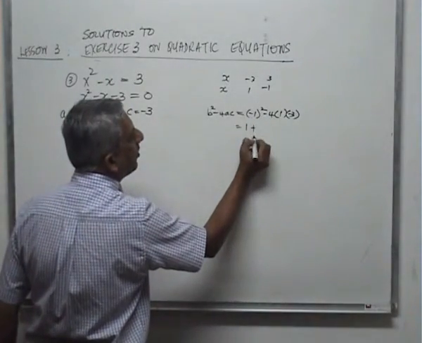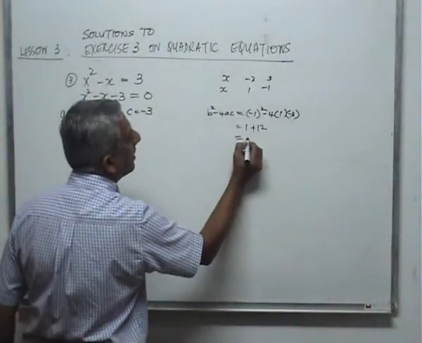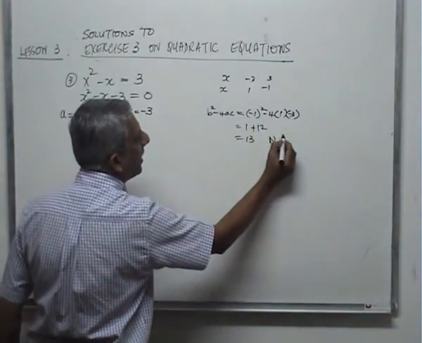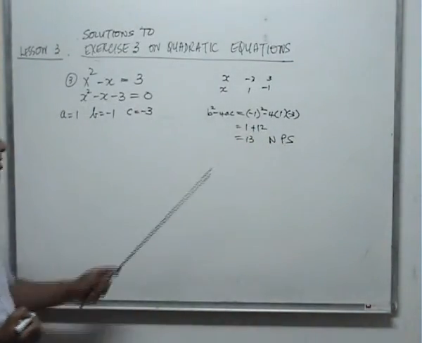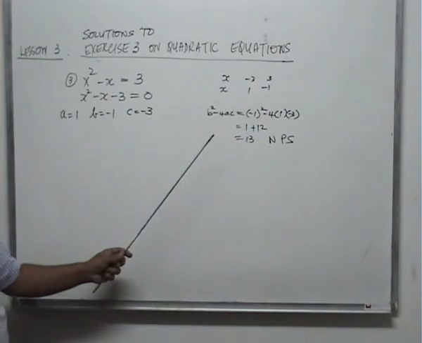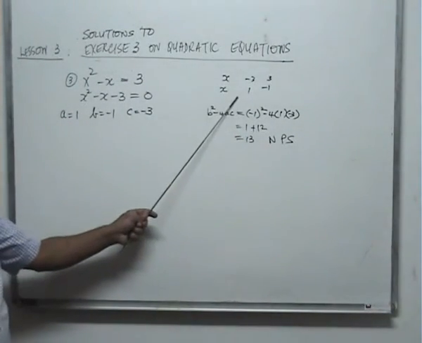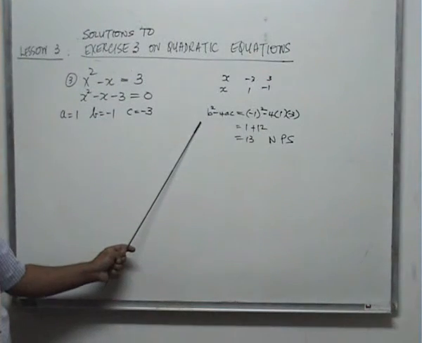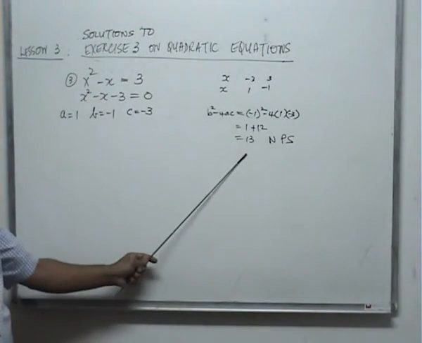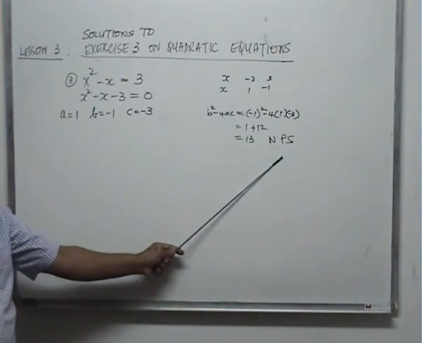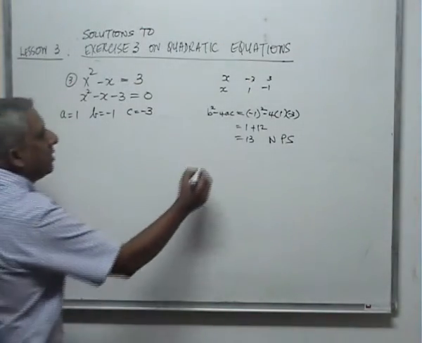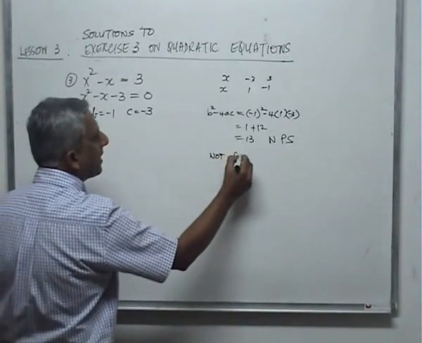That's 1 plus 12, 13. Not a perfect square. If you remember, we taught you this previously. Instead of battling there, or if you want to be sure, you work out b squared minus 4ac. You've got 13. 13 is not a perfect square. Therefore, it will not factorize.